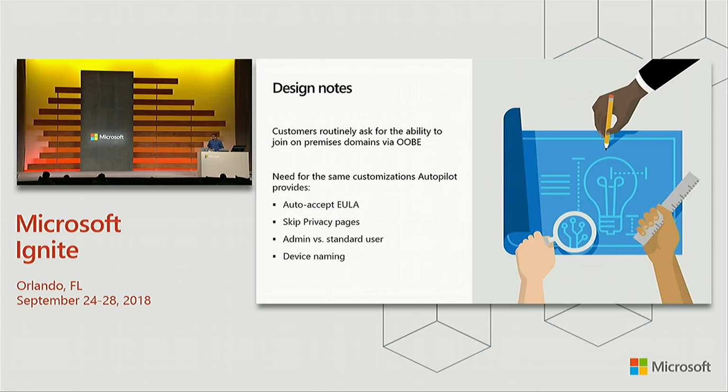The other piece is really coming from our team and some customer requests as well. There's an expectation of what it means to have an Autopilot device. There's some level of expectation that you'll be able to do things that you already are comfortable with in user-driven mode. Things like being able to auto-accept the Windows EULA, skip privacy pages, now that we've announced it, rename devices through Autopilot, and then choose whether that first user is admin or standard.